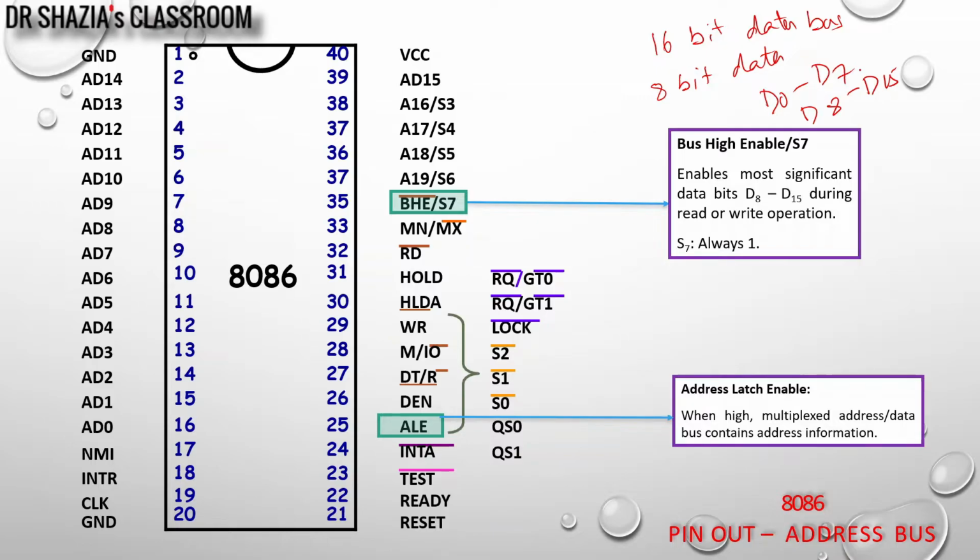Or there is a possibility that I transfer 16 bits of data, in which case I will be using D0 to D15. So in either of these two cases, D8 to D15 will be in use, and whenever the higher order data bus is in use, BHE will go active. The signal S7 is always high.